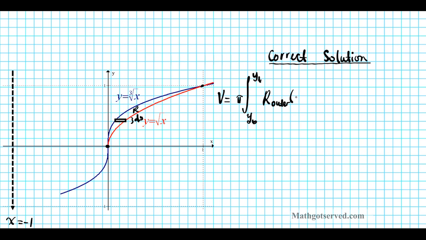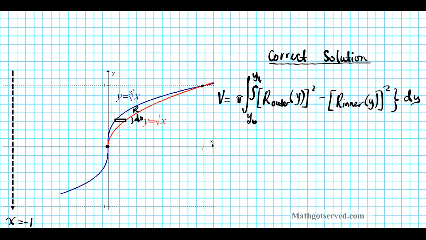It's a function of y: r outer of y squared minus r inner of y also squared, and then this whole thing dy.